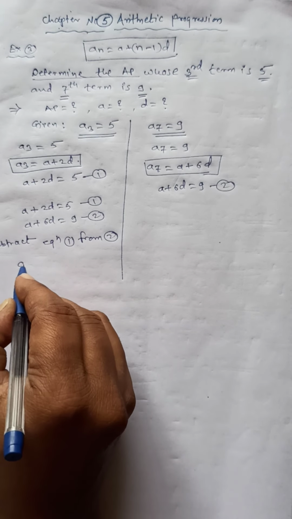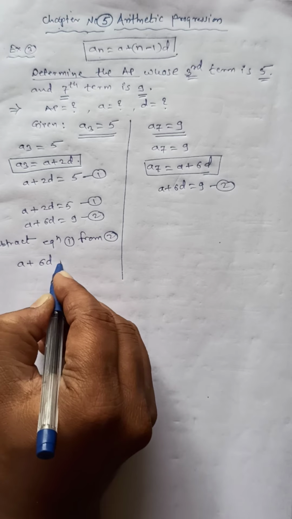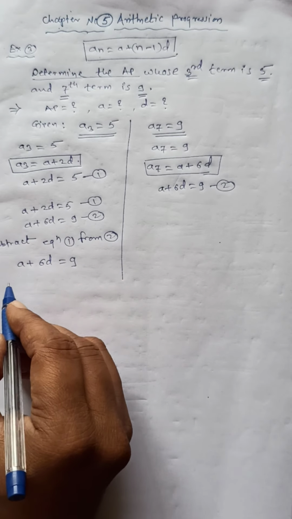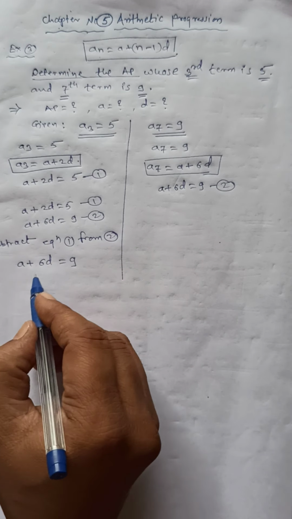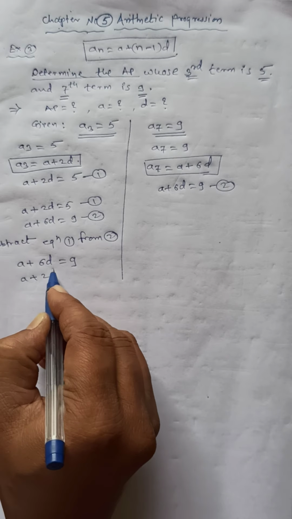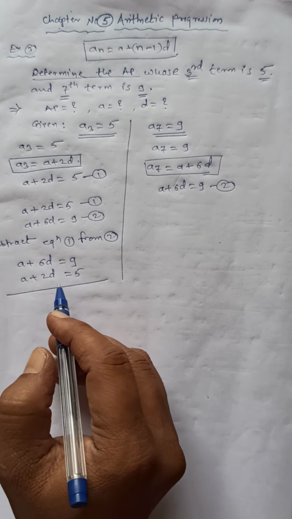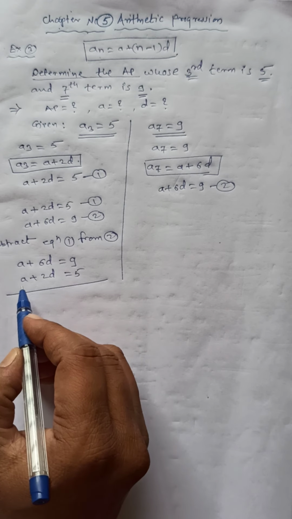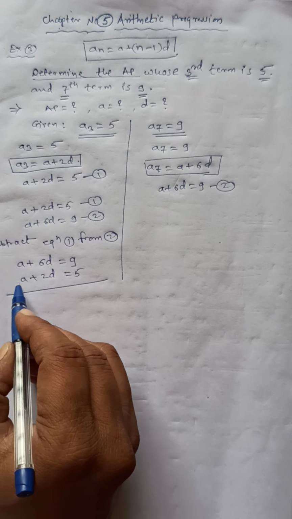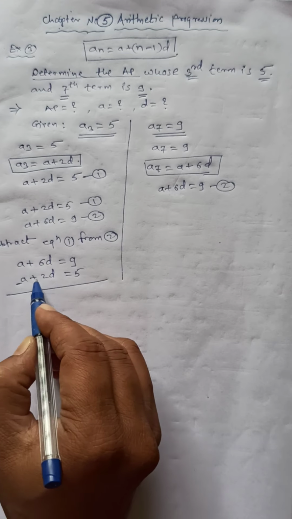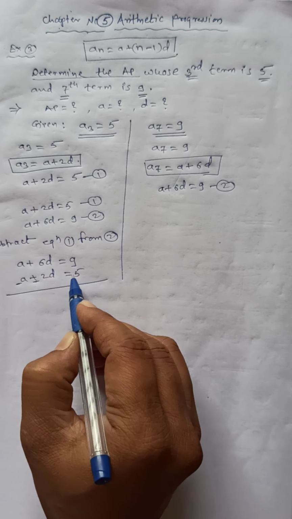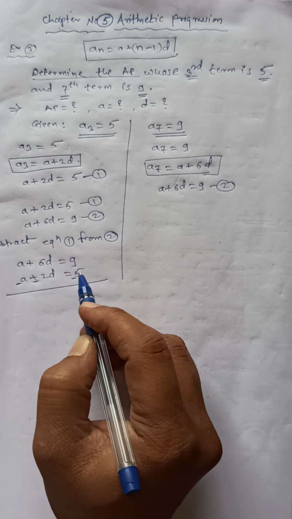So what is equation 2? a plus 6d is equal to 9, minus equation 1, a plus 2d is equal to 5. When we are subtracting, we have to change the sign of each term of the second equation. So here it is a plus, we will take minus, and here it is plus 2d, again it will be minus.